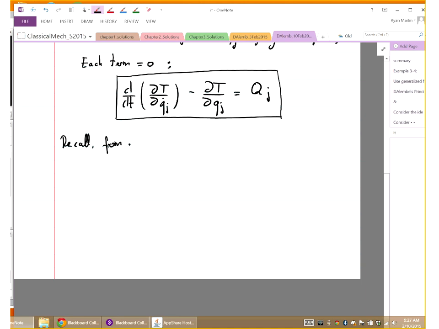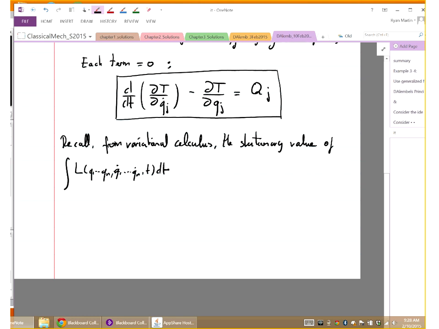So recall from variational calculus the stationary value of the integral of L, which could depend on, say, q1 to qn, q1 dot, and t, dt, the stationary value of that subject to k constraint equations was given by the modified Euler-Lagrange equation, so modified to include the Lagrange multipliers.